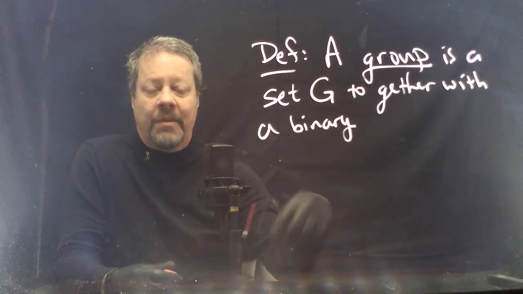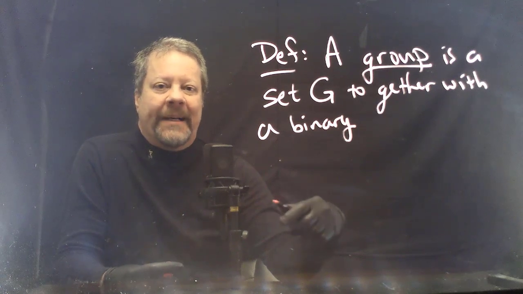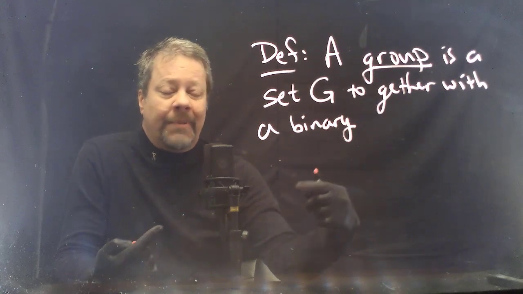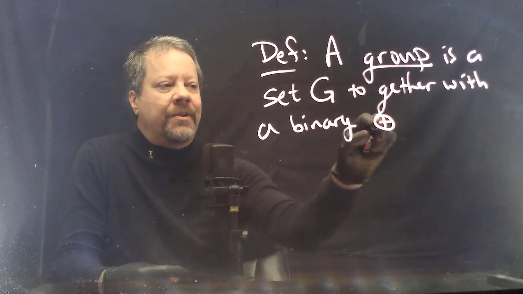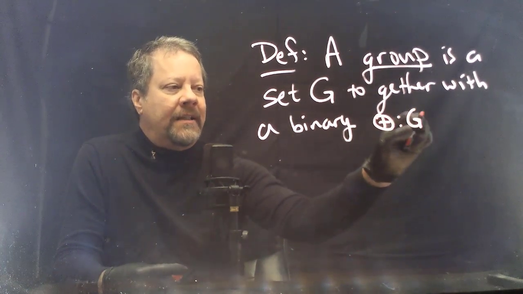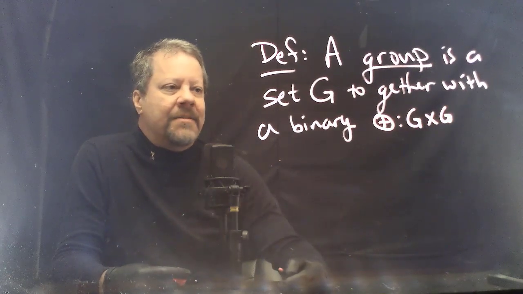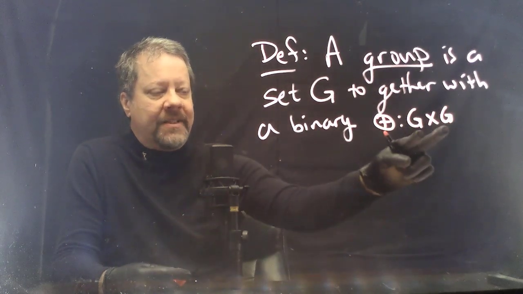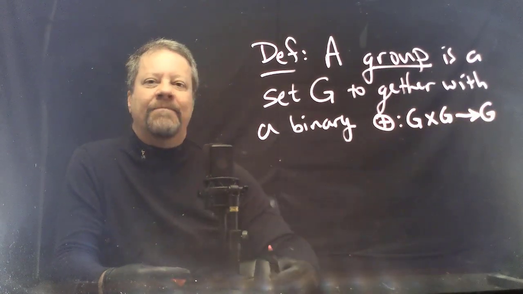Binary means you plug two things in, it outputs one thing, kind of like addition is a binary operation. So is multiplication a binary operation. We're going to call this binary operation circle plus. It takes two things in, so G cross G is a set of ordered pairs of things coming from the set G, and it will output something in G.